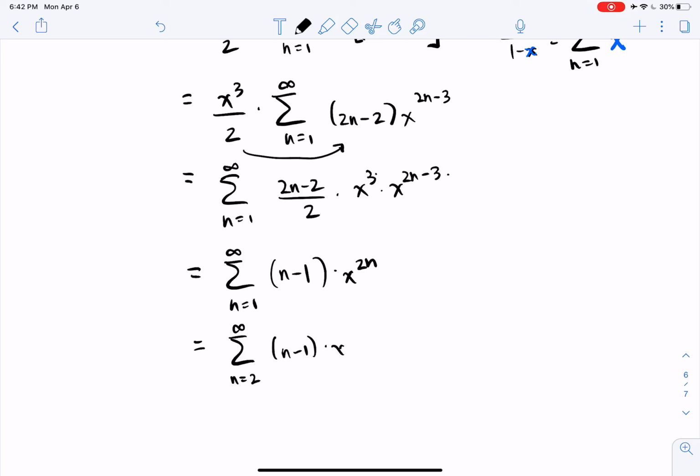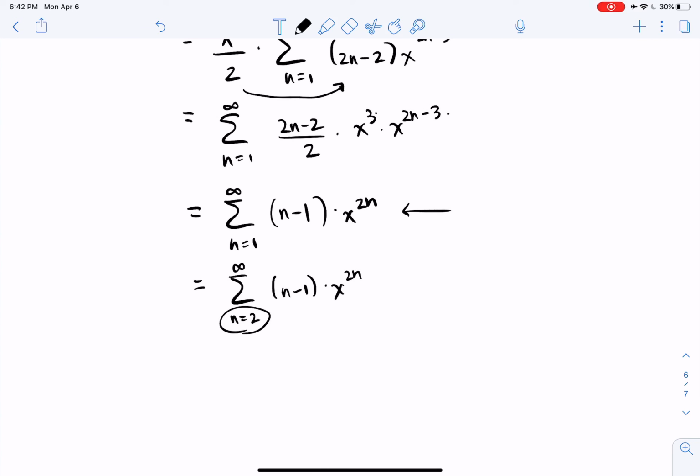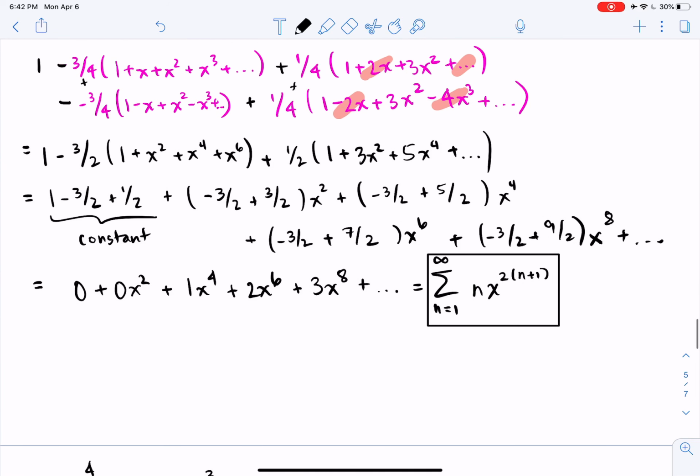So we could in fact start at n equals 2. And if we start at n equals 2, we can shift our series to start at 1 again, so long as we add 1 everywhere we see an n. And that is exactly what we got above. Okay, so either way you do this, this is the power series expansion you get for this guy.